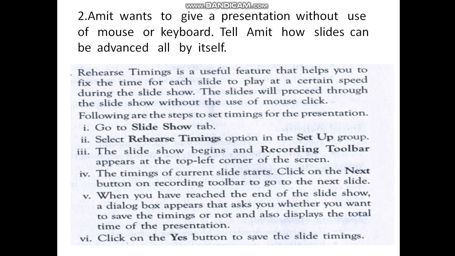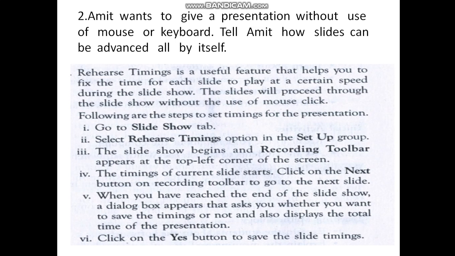Fifth point, when you have reached the end of the slideshow, a dialog box appears that asks you whether you want to save the timings or not, and also displays the total time of the presentation. There you have to give either yes or no to fix the time. To save the time, you have to click either yes or no, and that will show you the total time of the whole presentation. And after finishing that, you click on the yes button to save the slide timings.